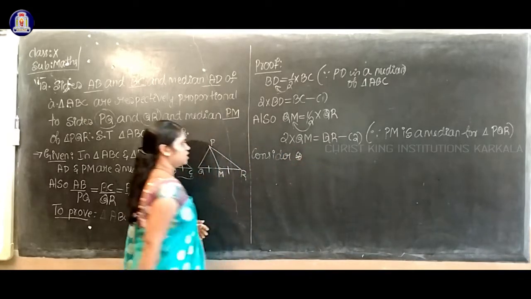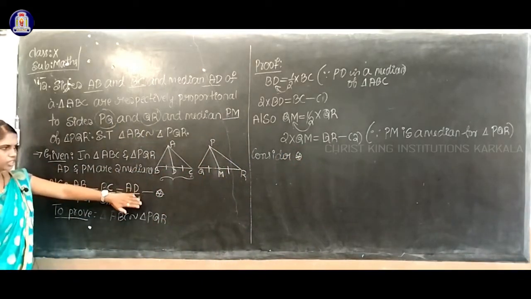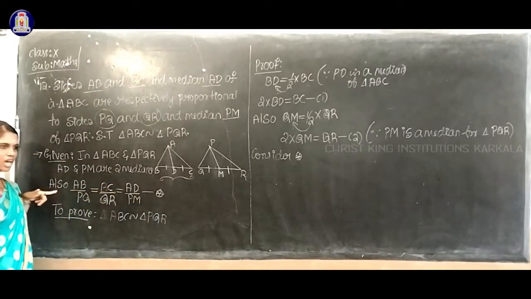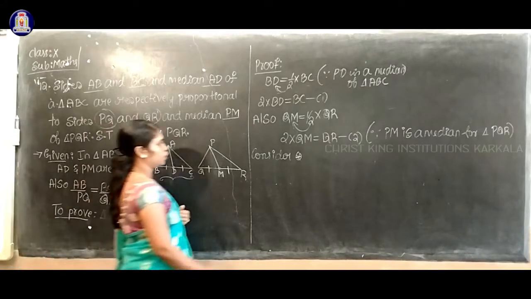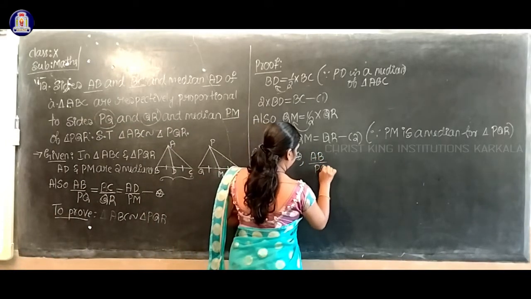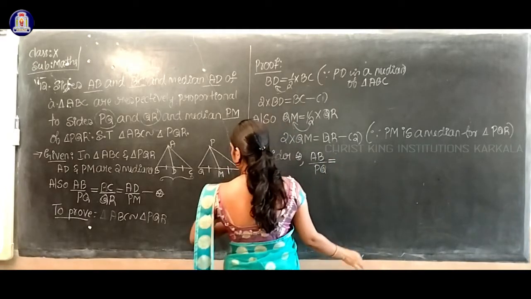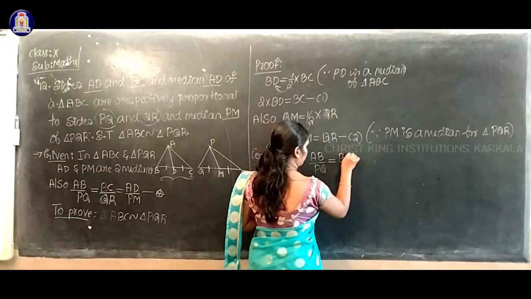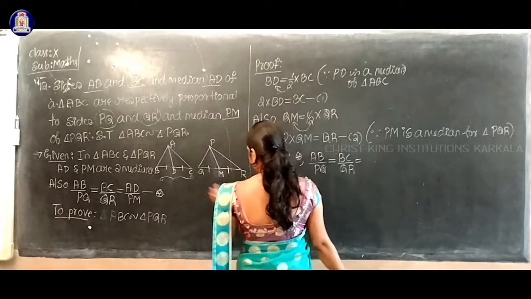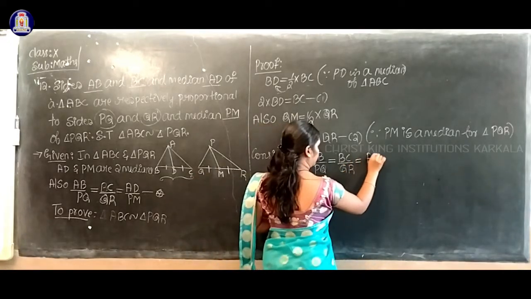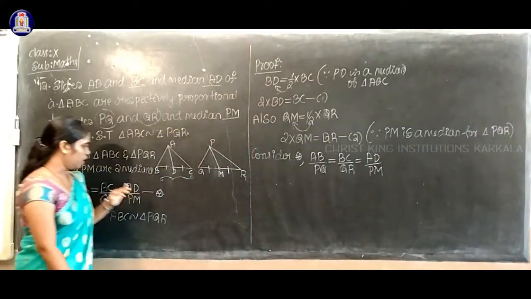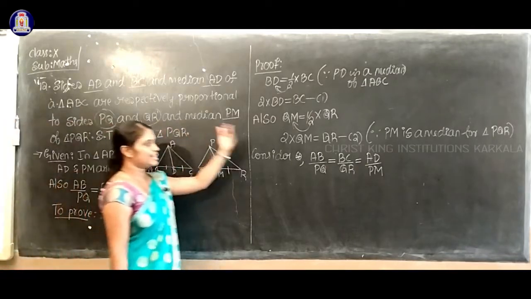What they have given here in the question is the star: AB by PQ equal to BC by QR equal to AD by PM. Whatever star they have given, I will write it here.